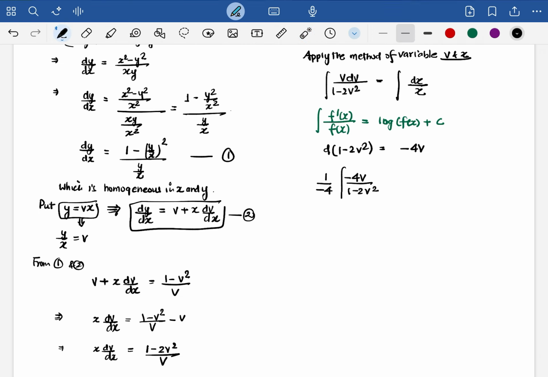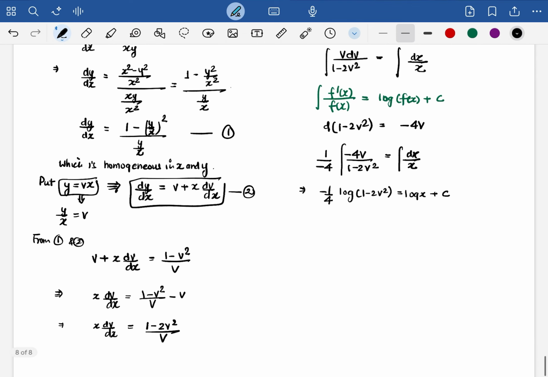So your result on the left hand side will be this, and we also know the integration of 1 upon x is nothing but log of x. Now it's a simple problem. Minus 1 upon 4 log of (1 minus 2v square) equals log of x plus c.